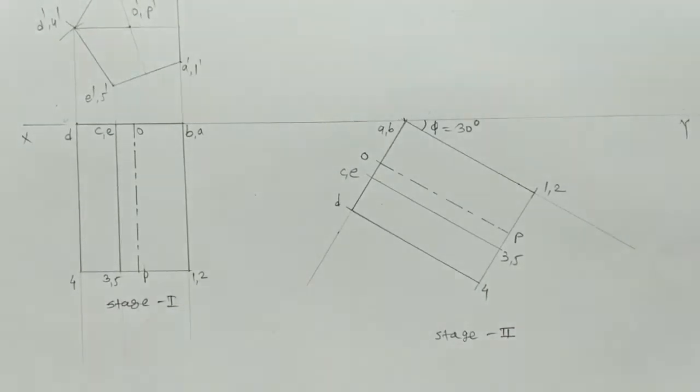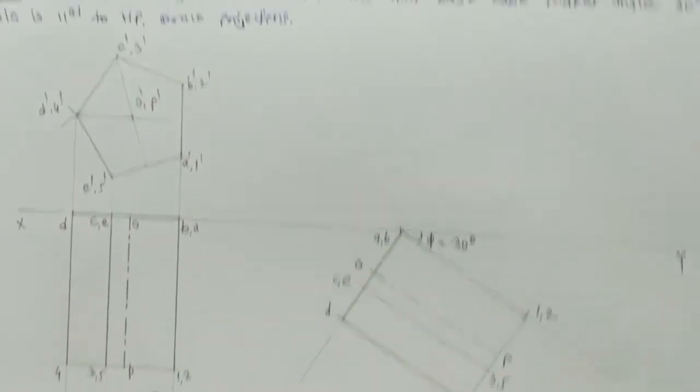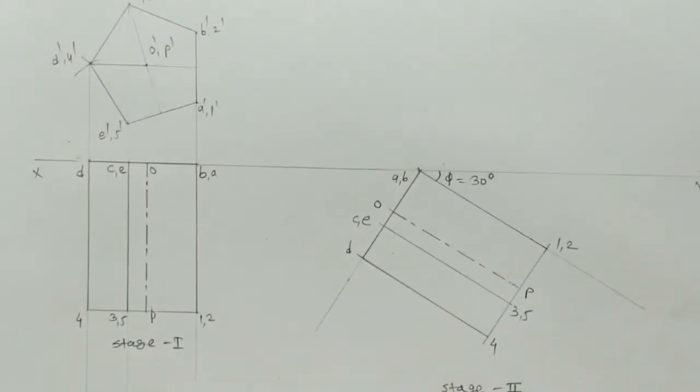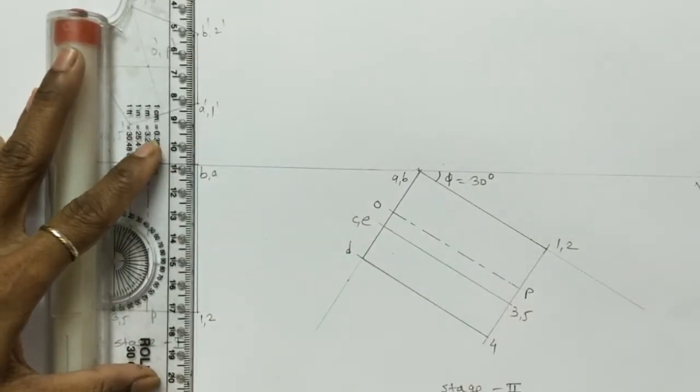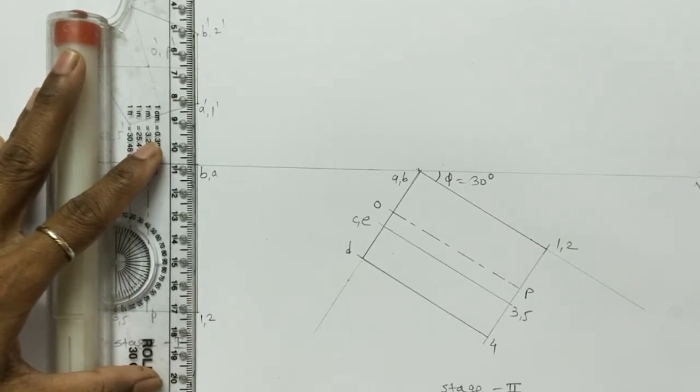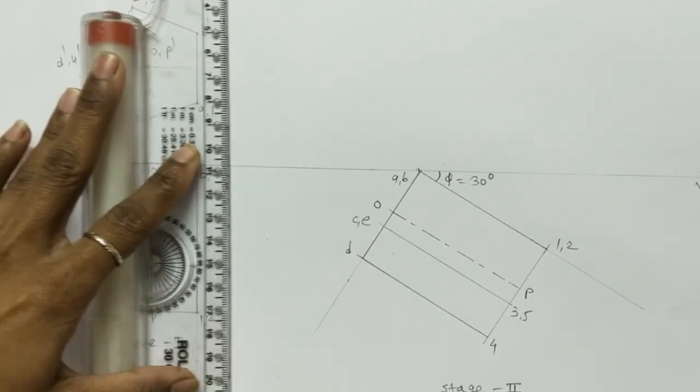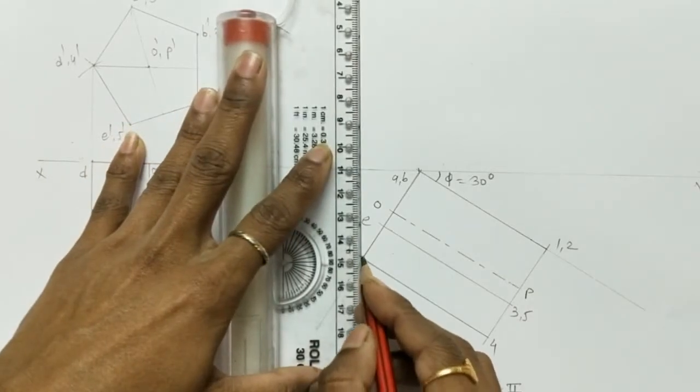Now for drawing front view, we will take projections from this top view and the stage 1 front view. So take projections upwards.